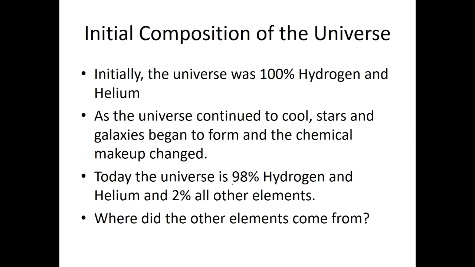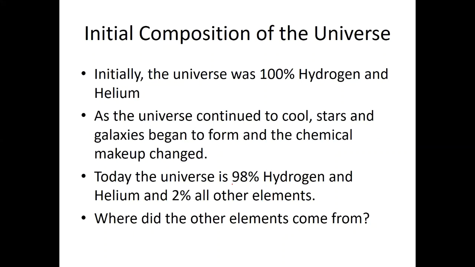Now, as the universe continued to expand and cool, matter, in this case hydrogen and helium, began to condense because matter is attracted to other matter due to gravity. And so big balls of hydrogen began to form, and these balls of hydrogen would become stars, and clusters of stars form. And these clusters of stars are galaxies. But in this process of stars forming, the composition of the universe began to change.